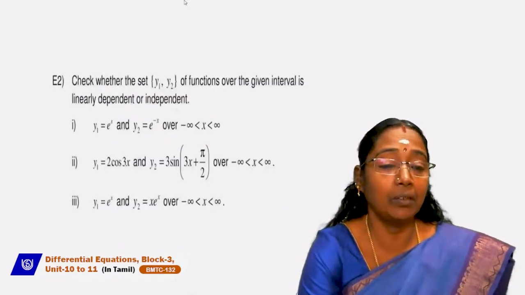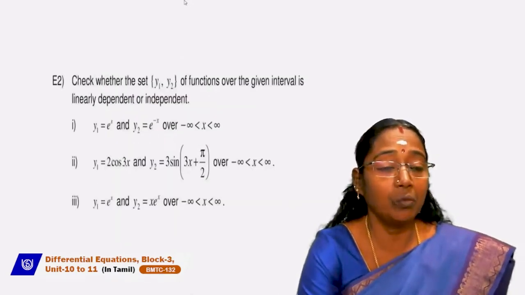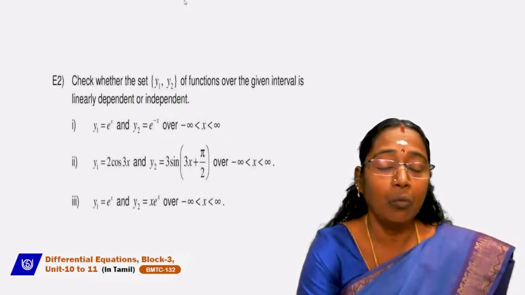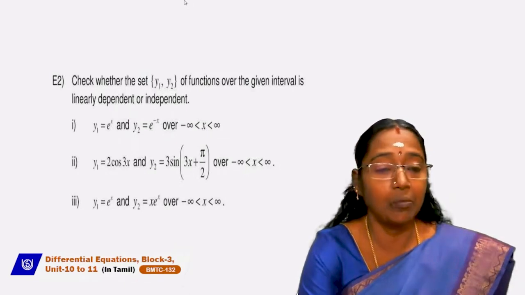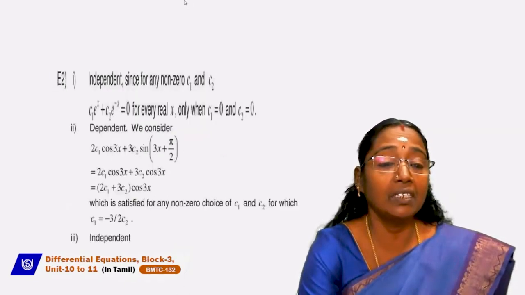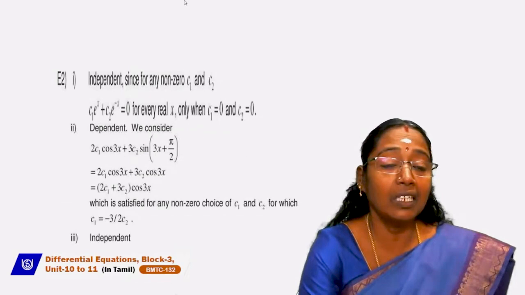Now come to the second example. The functions are y1 equal to 2 cos 3x and y2 equal to 3 sin(3x plus pi by 2) over the interval minus infinity to plus infinity. Here these two are dependent. Therefore, we write 2c1 cos 3x plus 3c2 sin(3x plus pi by 2).